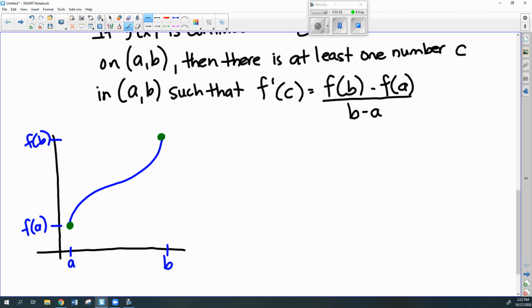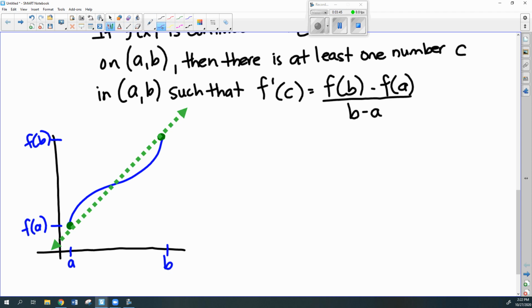And when you connect those two points, that's actually a secant line.